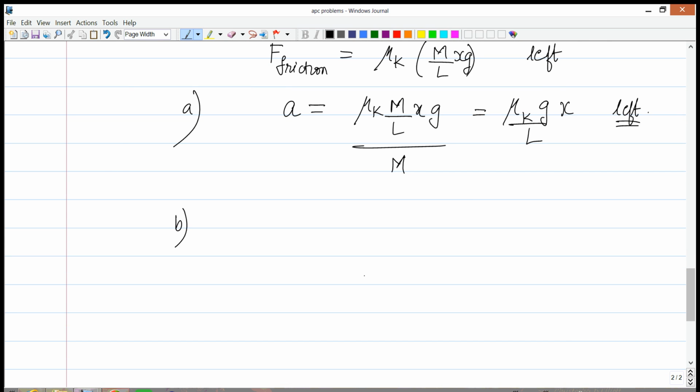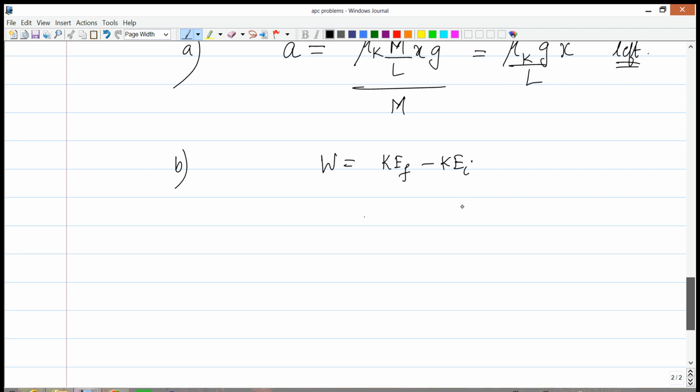And part B says with what speed is the block moving such that it stops when the entire length is on the surface. Here we're going to apply the work-kinetic energy theorem. We know W equals KE final minus KE initial. So we'll find the work done by this force of friction, and then once we have the work done by the force of friction, we know the final kinetic energy is 0 and the initial is what we're looking for.